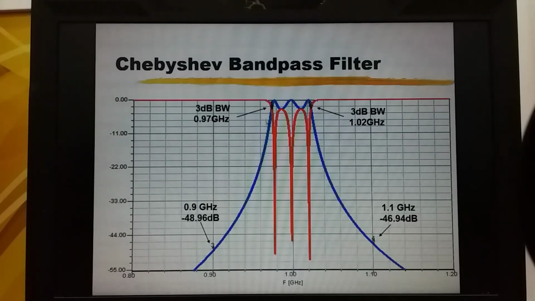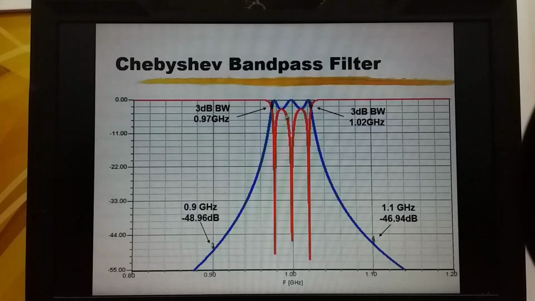However, the shortcoming, or the trade-off, is that there are some ripple within the pass band. However, so long as the ripple is not too high, it is advantageous to have a faster roll off.